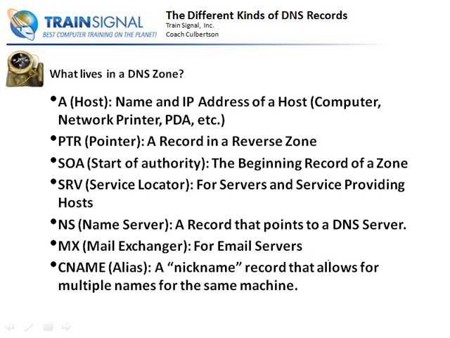And last but not least, before we get into our demo, a CNAME record is an alias. It's just a nickname record that allows for multiple names for the same machine. I know I've just thrown a huge amount of vocabulary and a huge amount of concepts at you. Now let's go over to our server and start seeing where all this stuff lives and what it looks like.